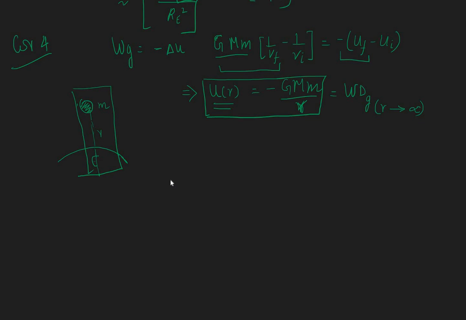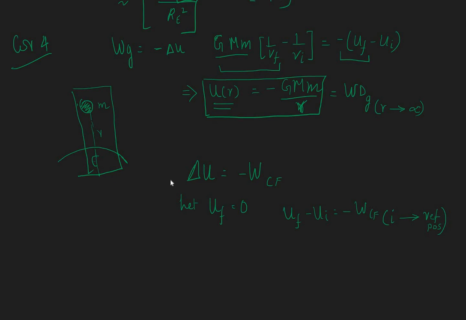In general, since we know that delta U is equal to minus the work done by a conservative force, let Uf be equal to 0. Then we can say that Uf minus Ui equals minus the work done by the conservative force from a distance i to a reference position.